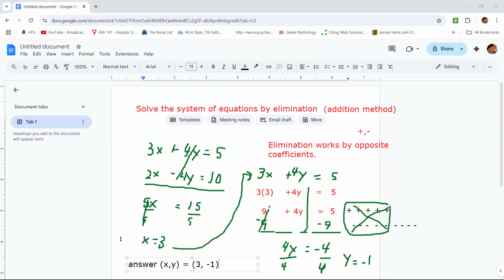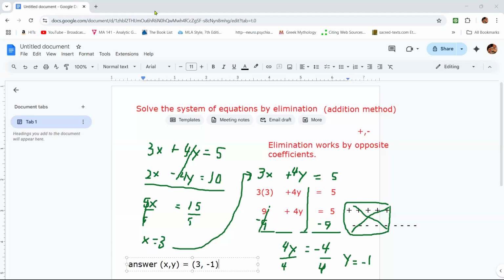Okay. Now, you don't always have to eliminate y. Here we eliminated y, but you don't always have to do that. You can eliminate x. So I'm going to show you a second example where we eliminate x.